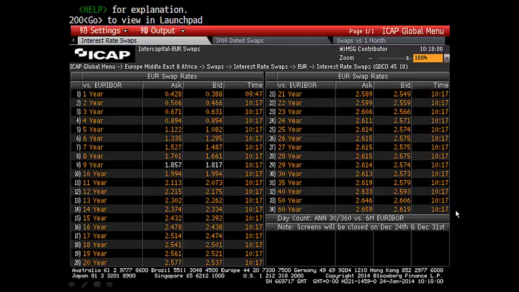The midpoint between the bid and the offer, in this case 1.974%, is called the mid-market rate. At this rate, the swap has a theoretical PV of 0. The difference between the dealing price and the mid-market rate represents the dealer's theoretical P&L on the trade.